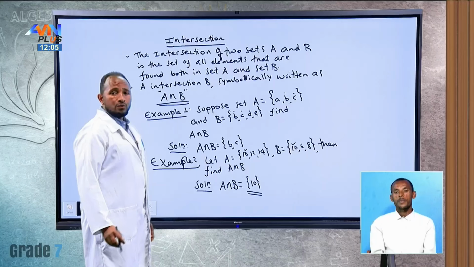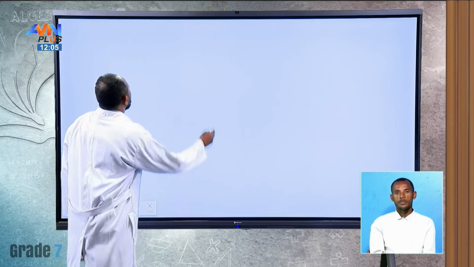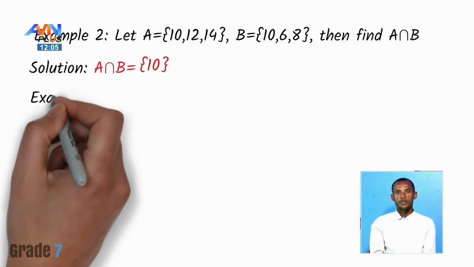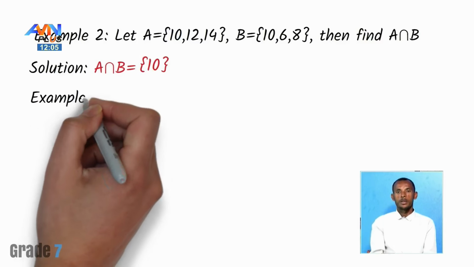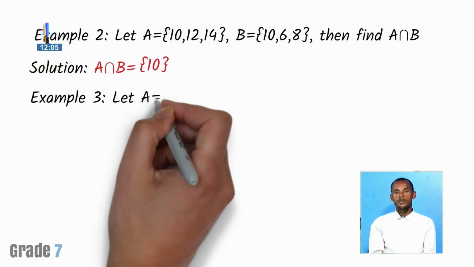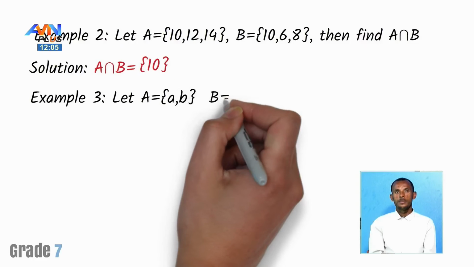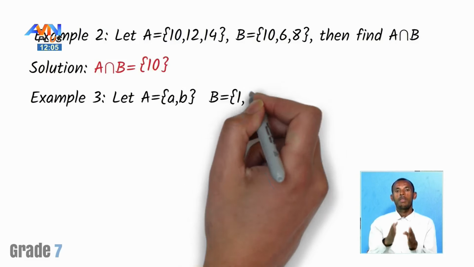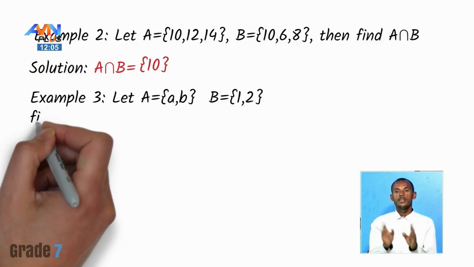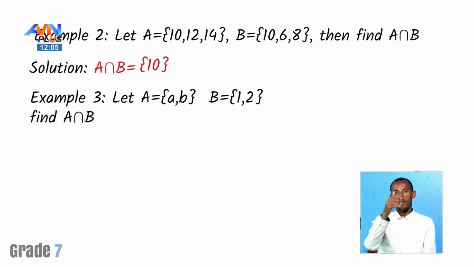Now, let me add one more example. Example 3. Let set A consist of the elements A, B, and set B contain the elements 1, 2.